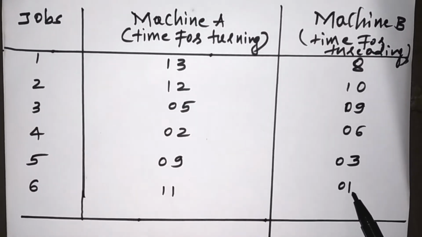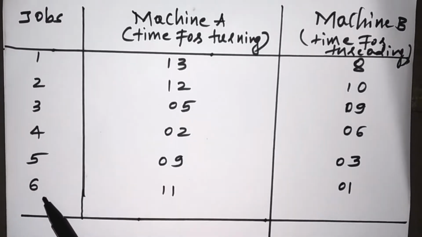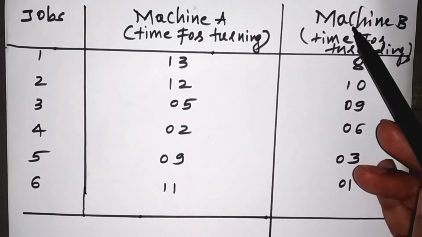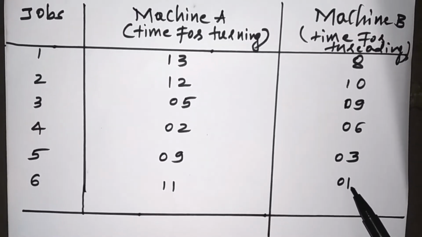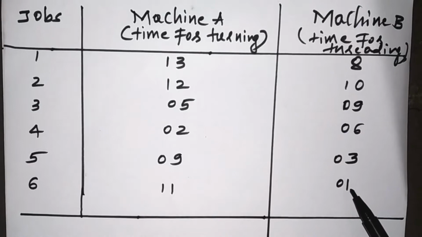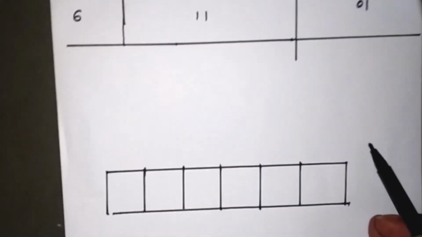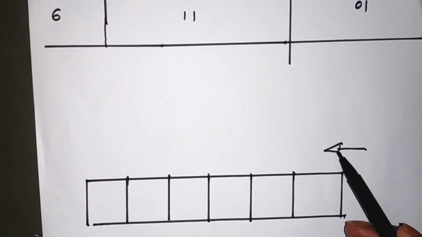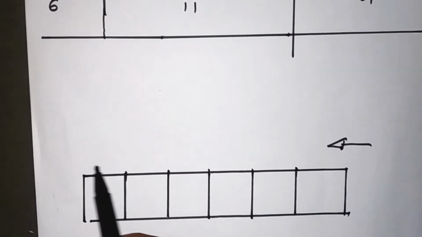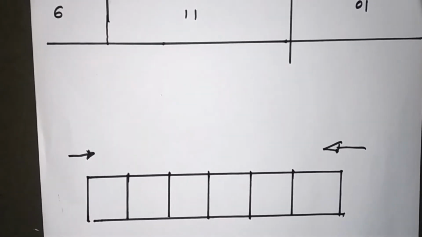And this is for job 6. So job 6 on machine B has a very small time, that is 1 minute. If the minimum number is found on machine B, we will sequence from this side. And if the minimum number is found on machine A, we will sequence from this side. This is a simple logic that we can use.